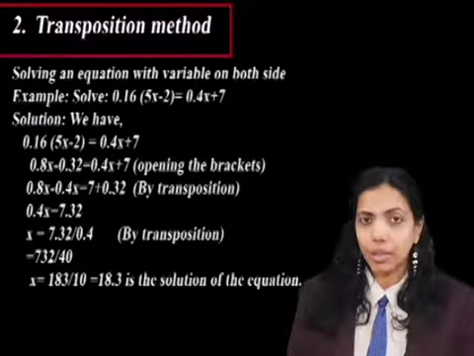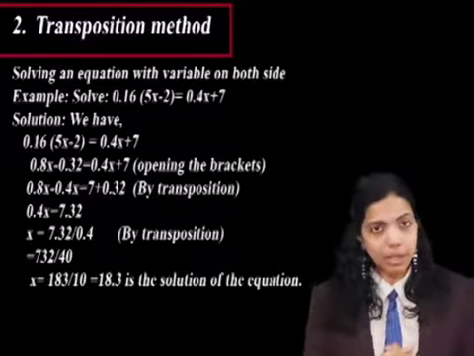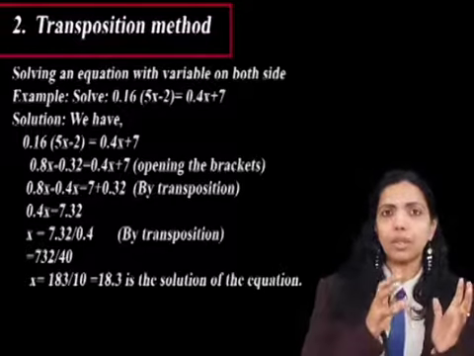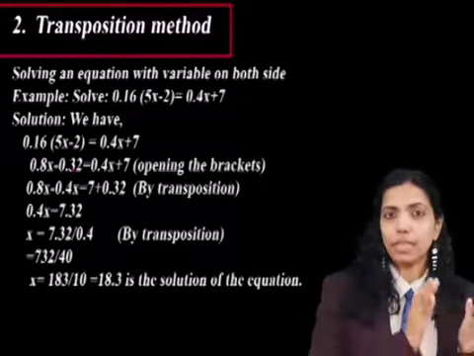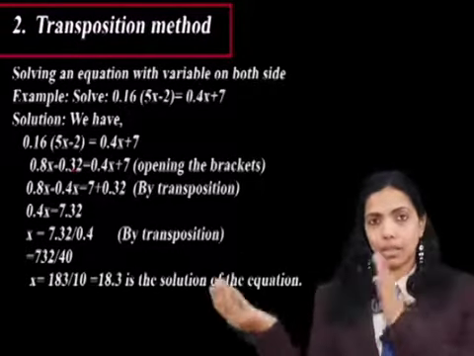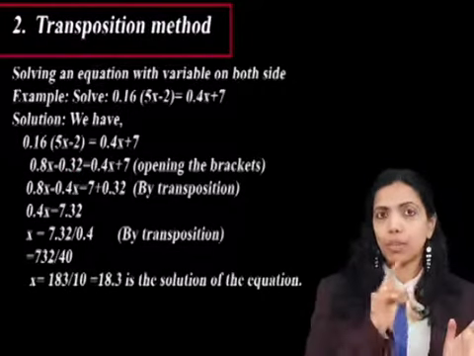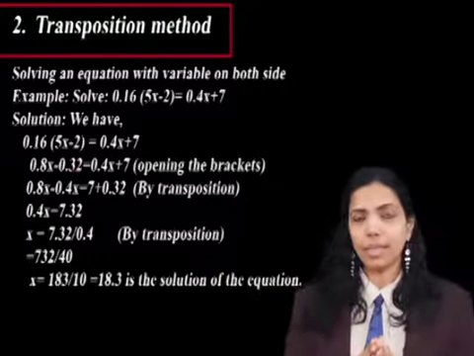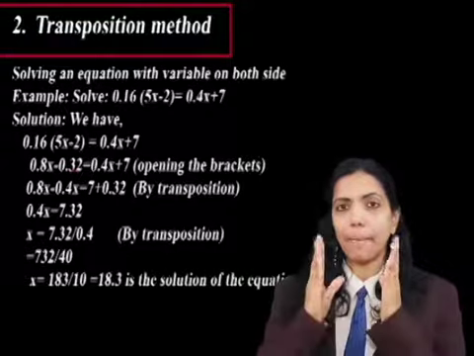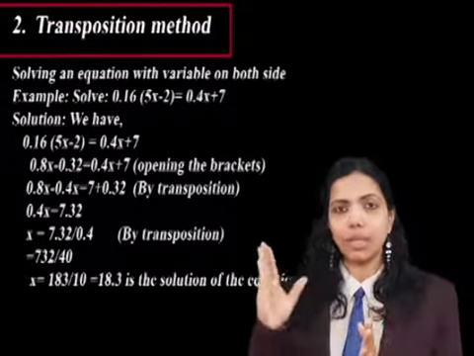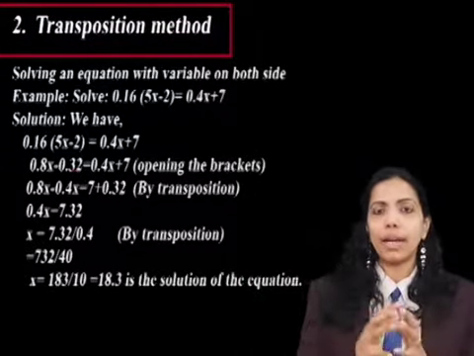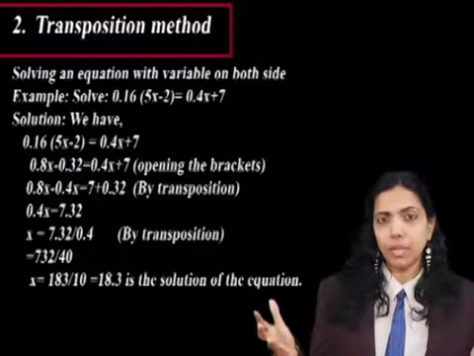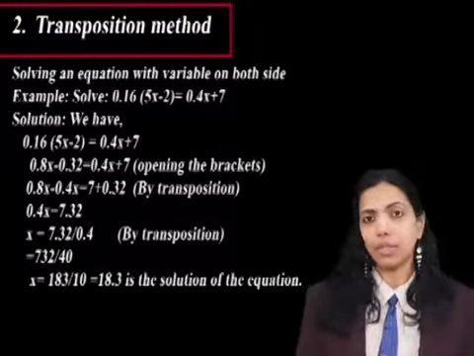And have a look on the right side. Already the number 7 is there and we are going to transpose minus 0.32 to the right hand side. It will come as plus 0.32. If we are adding 7 plus 0.32, we are getting 7.32.